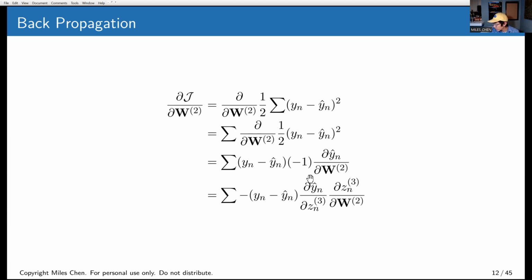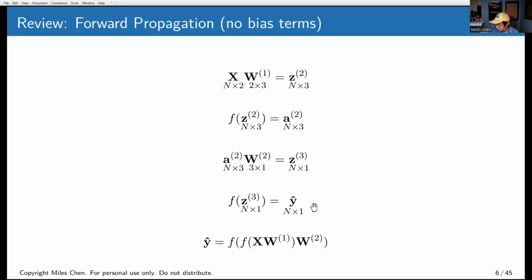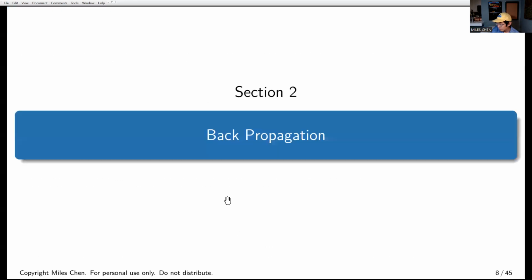And then we can further split that. How does y hat change with respect to W2? We're going to split that into how y hat changes with respect to Zn3. If you go back a few slides to this forward propagation, y hat is the result of Zn3 being inside this activation function.